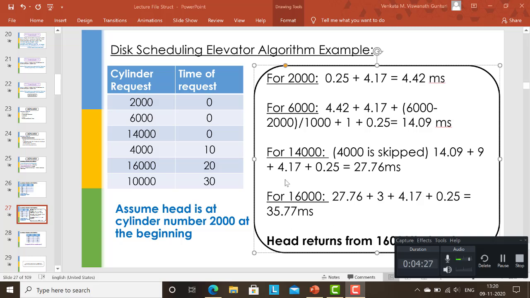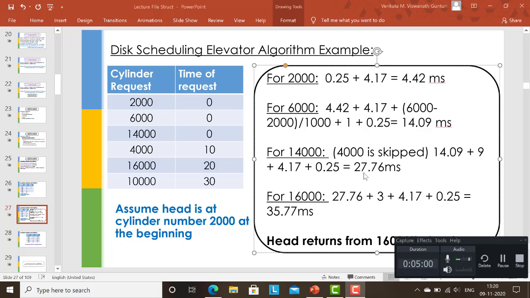The key thing to note here is that if the 16,000 request was not in the queue by the time this 14,000 was serviced, for example, if it came at time 30, while by the time I finish this 14,000 cylinder the time is only 27, then it may depend on the implementation.